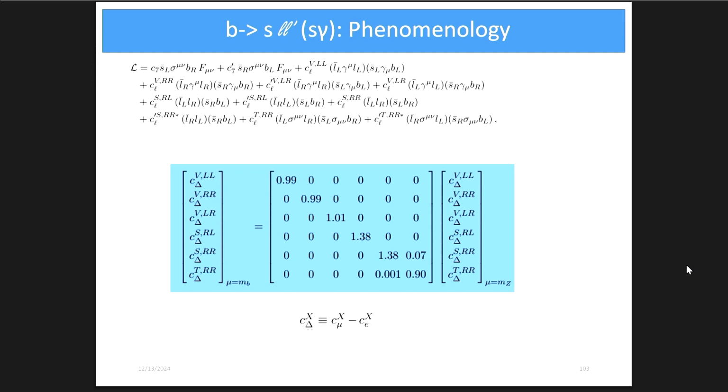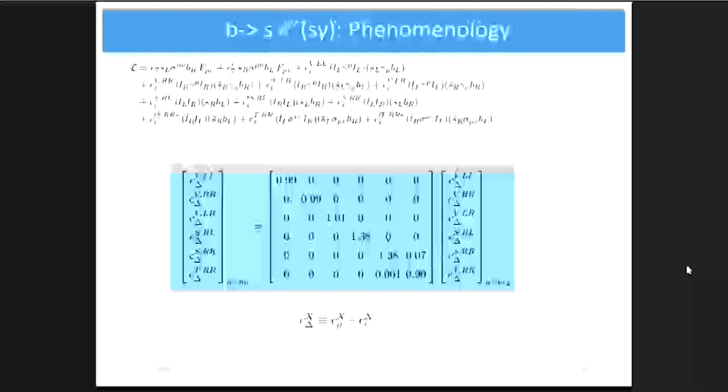And further you can do one step more running from electroweak to your lambda scale, and you can relate this coefficient to that scale as well. So that's how you need to connect from one scale to another scale, following a two-step matching calculation. Okay, two steps you have to do, as I mentioned, otherwise you may miss the operator contributions from the operator mixing.